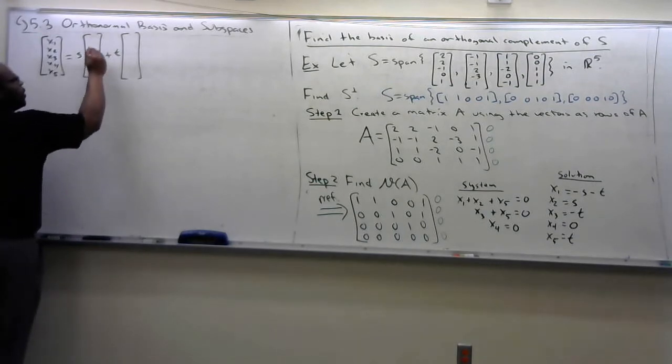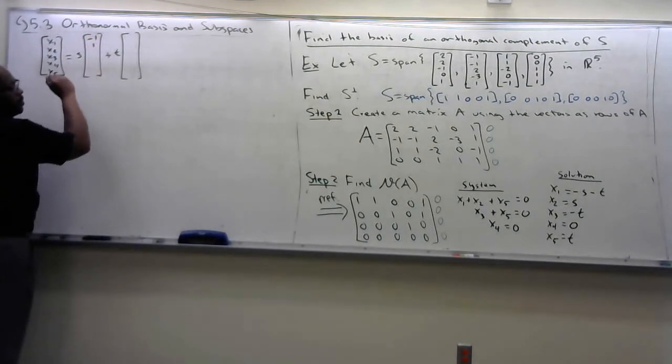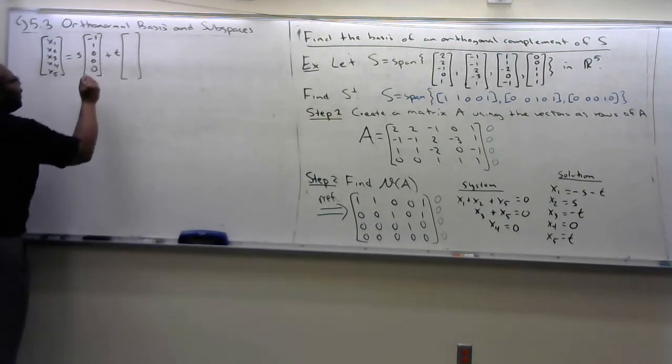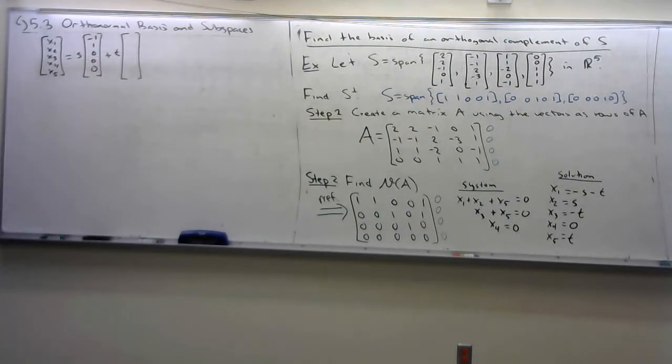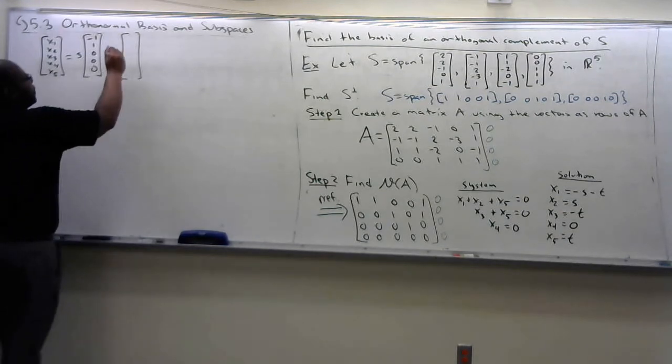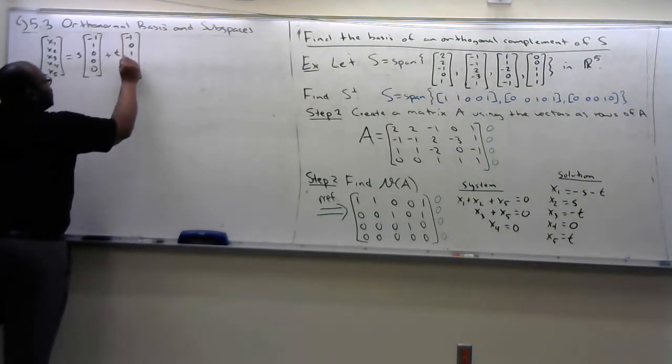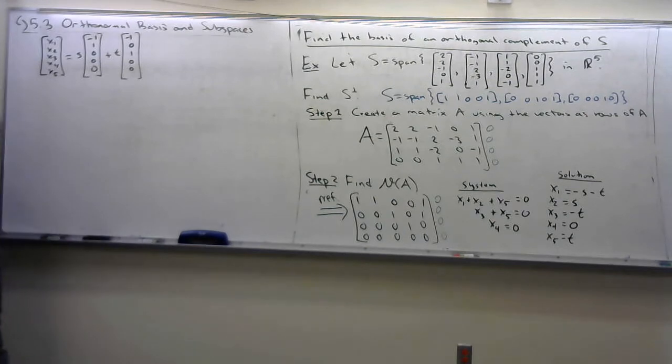Negative 1, 0, 0, 0, I think. Yeah, I think that's right. What's the other one? T is going to be negative 1, 0, 1, 0, 0. Nope, that's not right. 1, 0, 1.